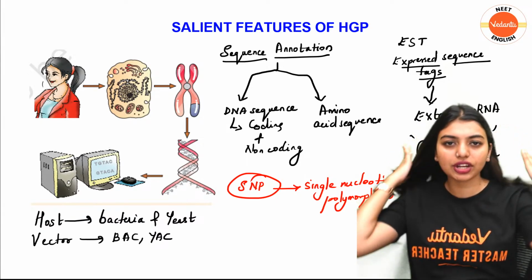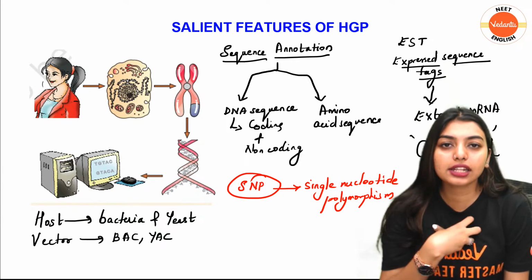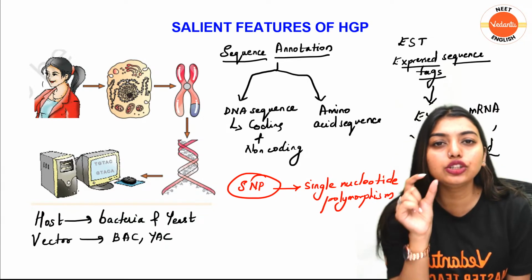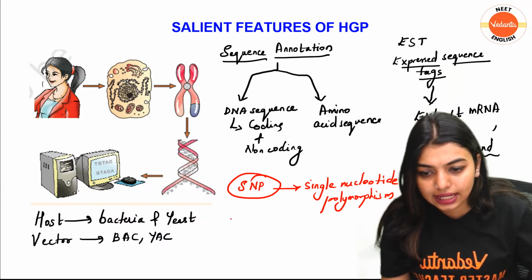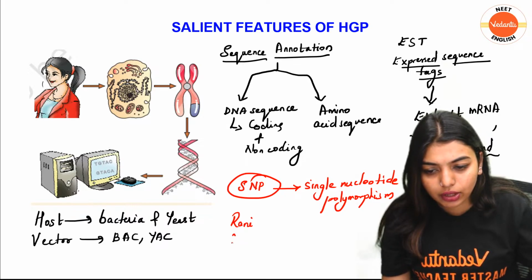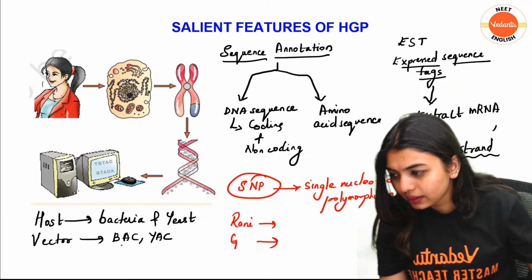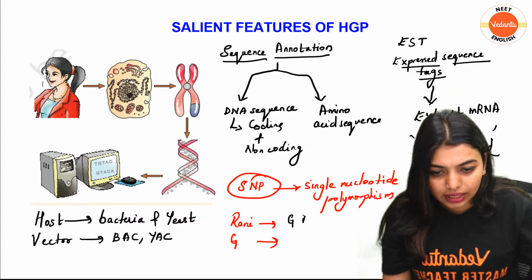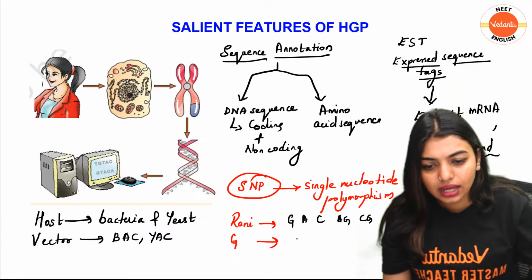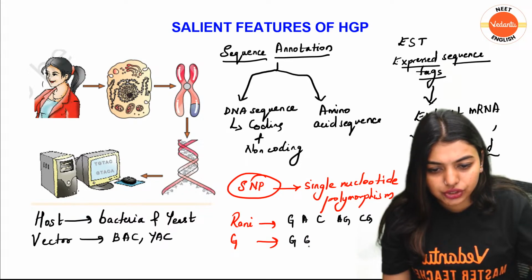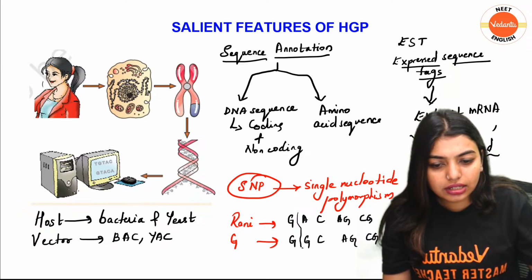Imagine I have straight hair, and Rani has the same straight hair. The difference between Rani and me is that one single nucleotide would have changed. Let's write some random series: G, A, C, A, G, C, G, and here G, G, C, A, G, C, G. Can you see?